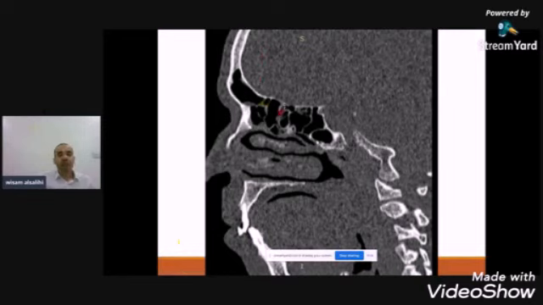This is the suprabullar cell, this is the suprabullar frontal cell, and this is the agger nasi cell.